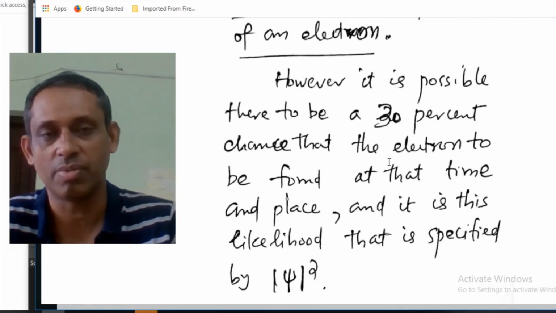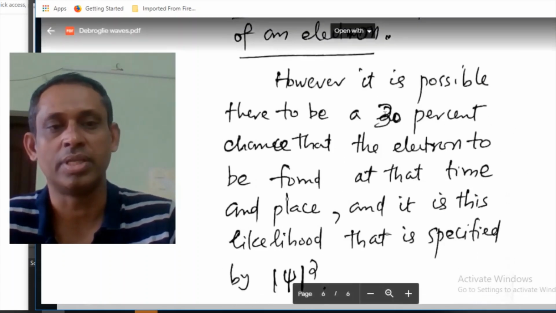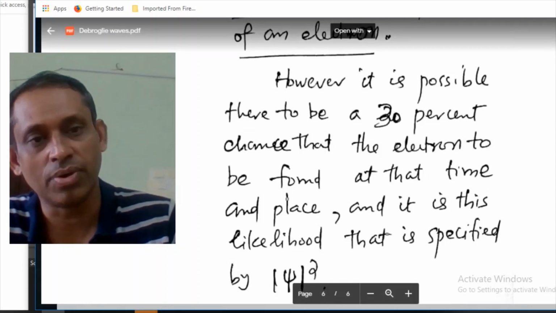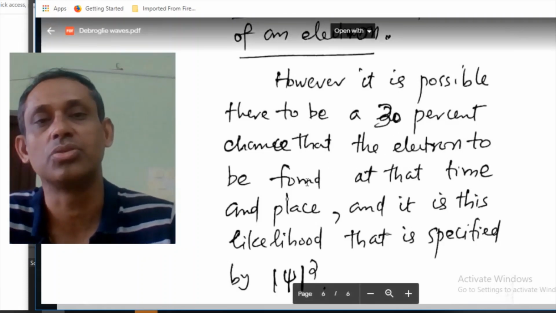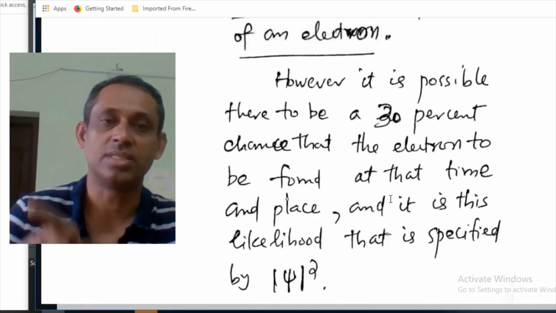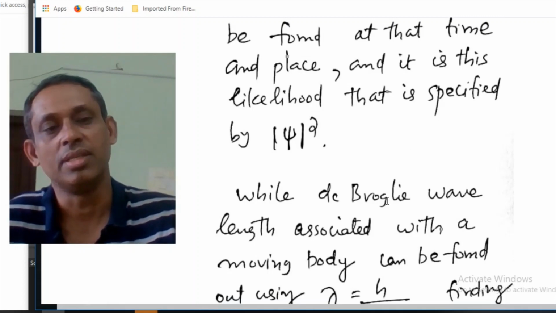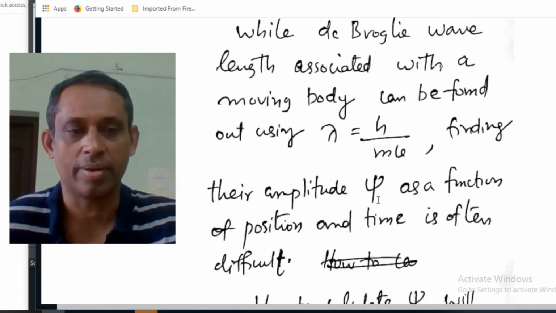The wave function is spread out, the probability is spread out. It is this probability that is specified by modulus of psi square.